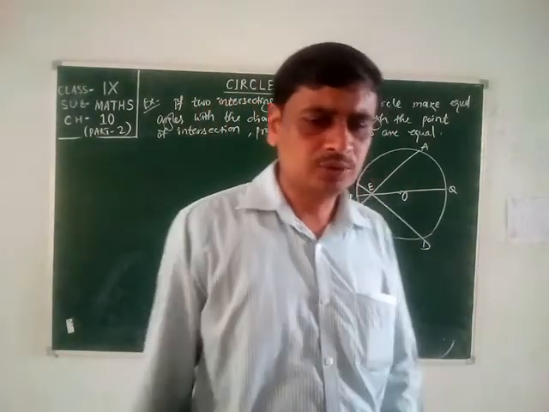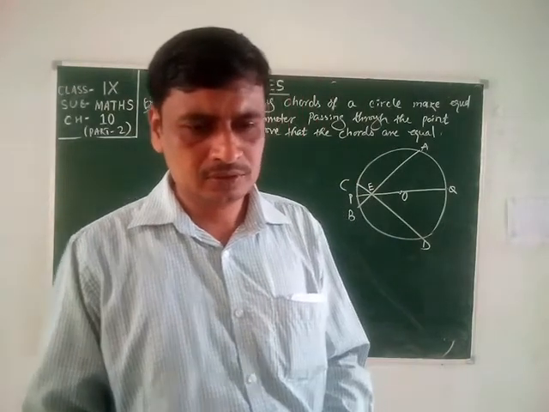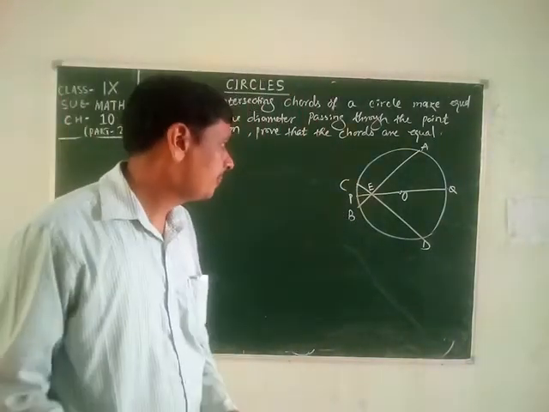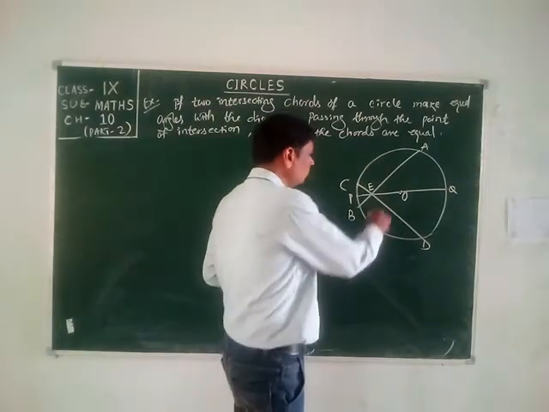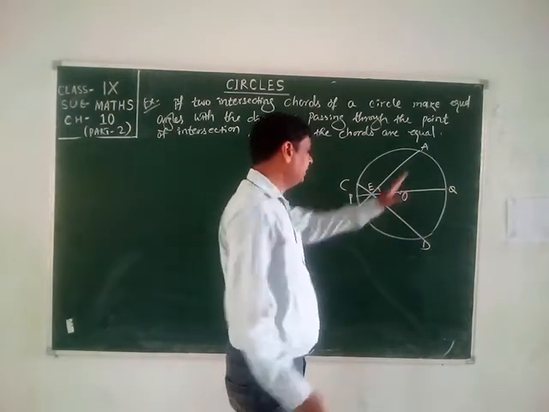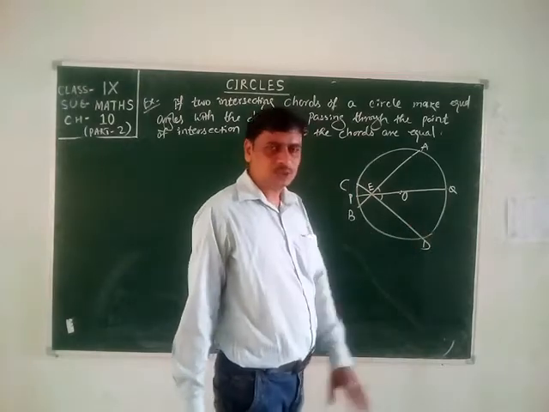We have to show that if these two angles are equal, then AB and CD will also be equal.